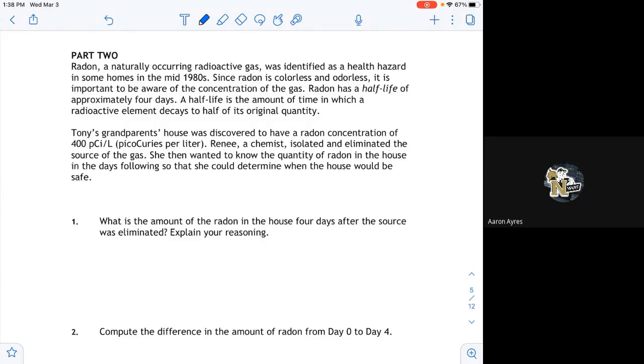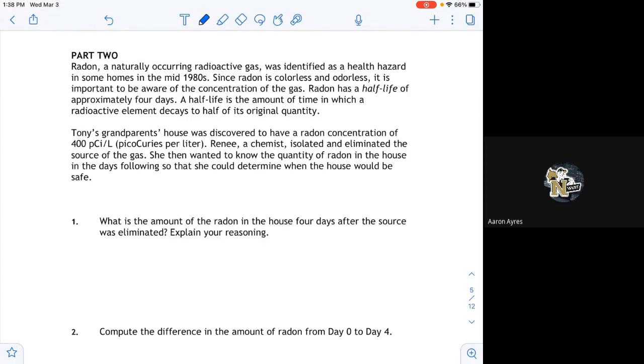So if you start out with 400 units of radon, and the half-life is 4 days, how much should be there after 4 days? Raise your hand. Blake? Can you answer me real quick anyway?